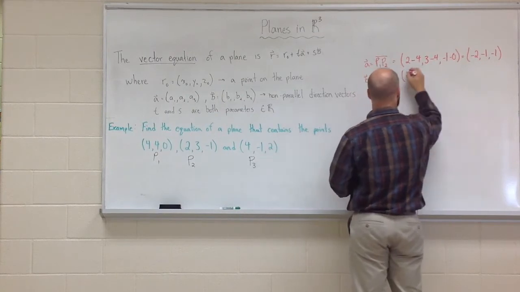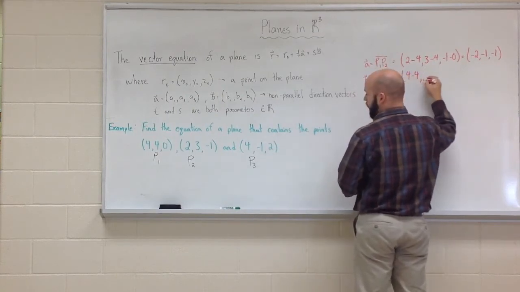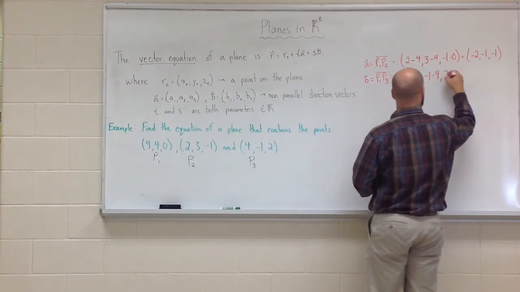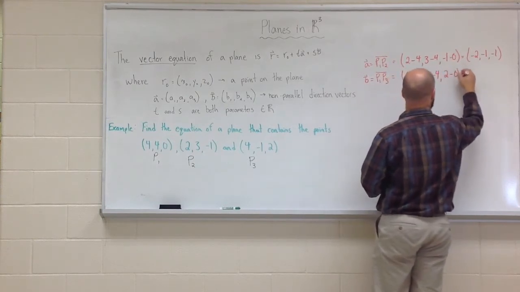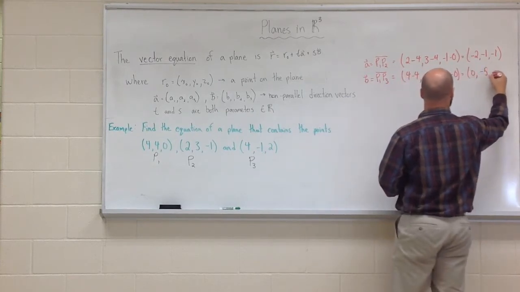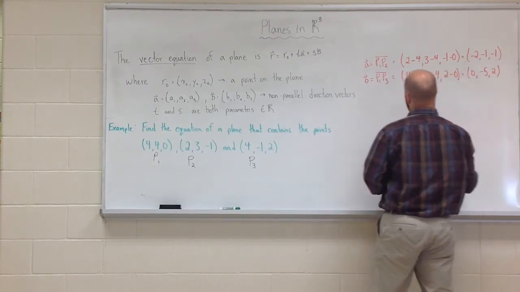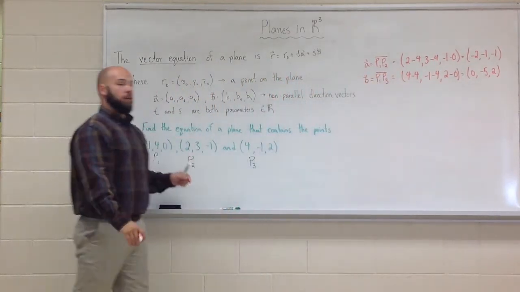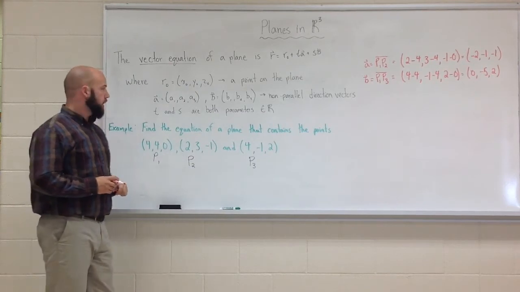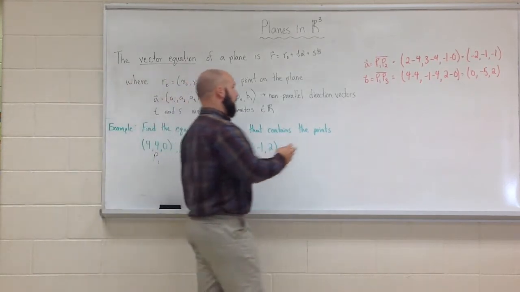And 4 minus 4, -1 minus 4, and 2 minus 0, giving us (0, -5, 2). Those are our 2 direction vectors. We can choose any one of these points, and we have our vector equation of a plane.